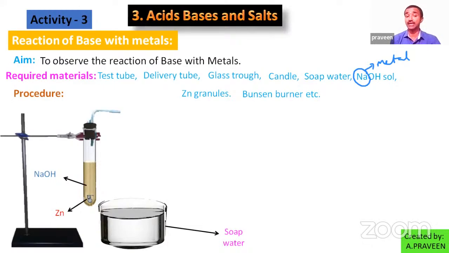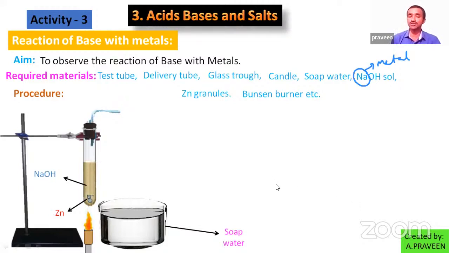Then immediately close the test tube with a single-hole rubber cork and connect the delivery tube. Then take the Bunsen burner with a flame and start heating the test tube.